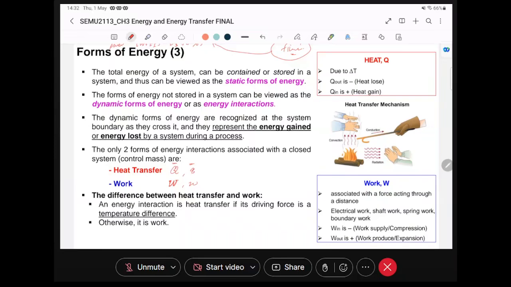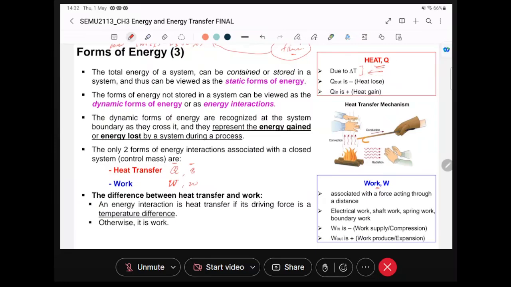The difference between heat and work is that heat always involves a change in temperature. As simple as that. You add heat to something, the temperature changes. You remove heat from something, the temperature drops. So whenever there is an energy transfer associated with temperature change, there's heat energy involved.